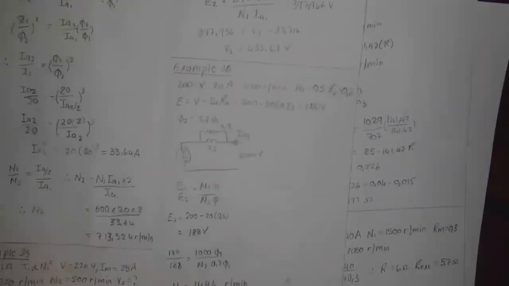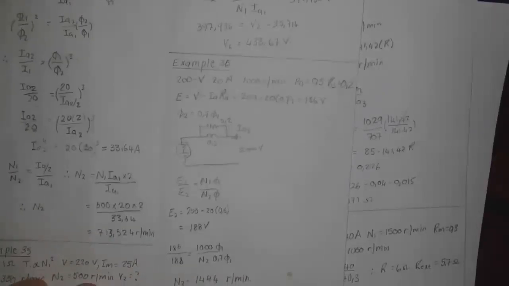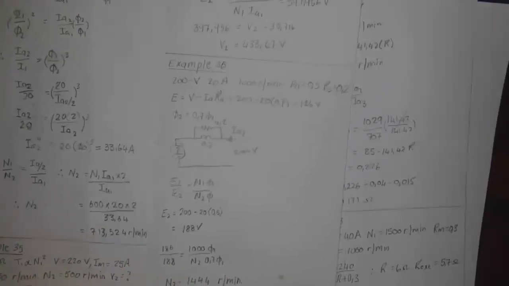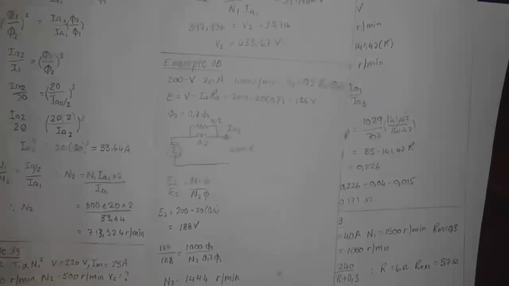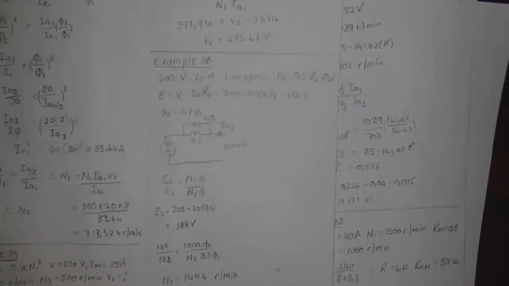Then question 36. We have a 200 volt, 20 amp, 1000 revs per minute with RA is 0.5 ohms and series resistance is 0.2 ohm.